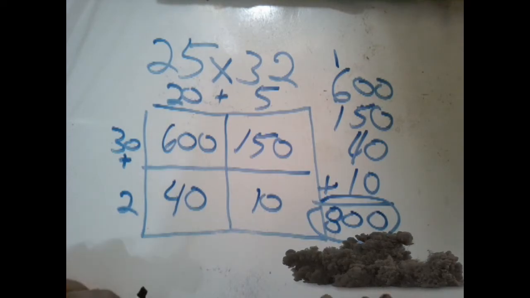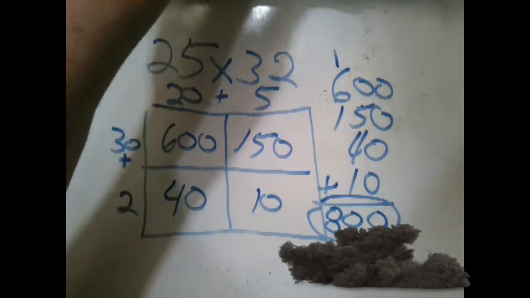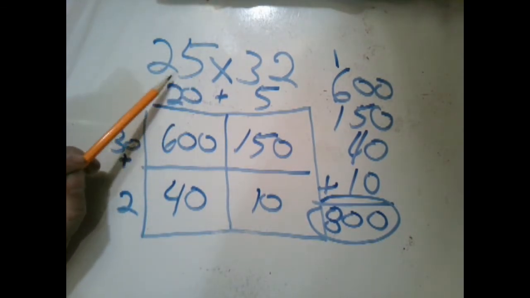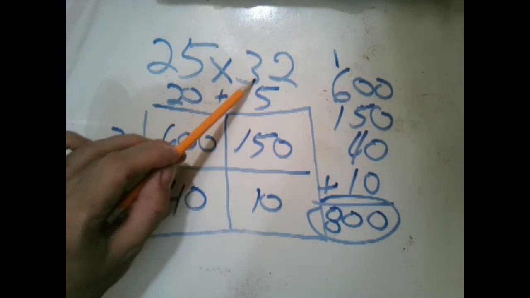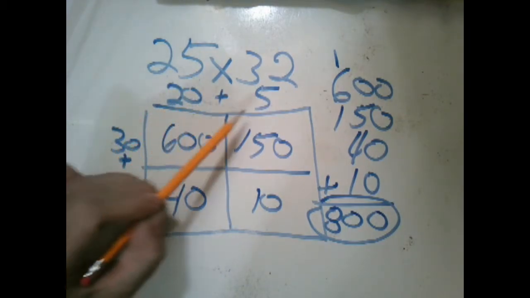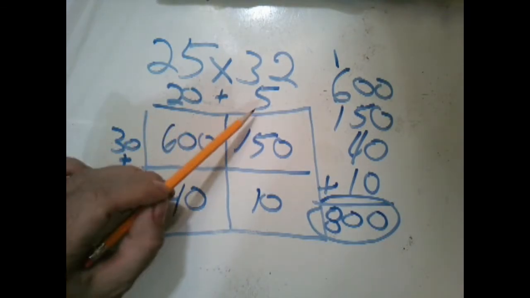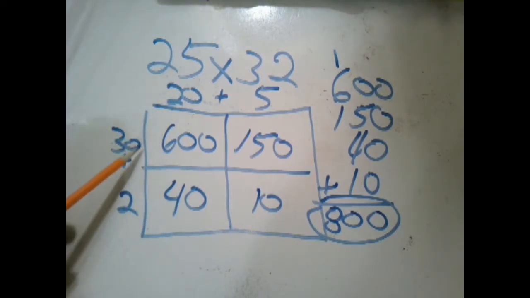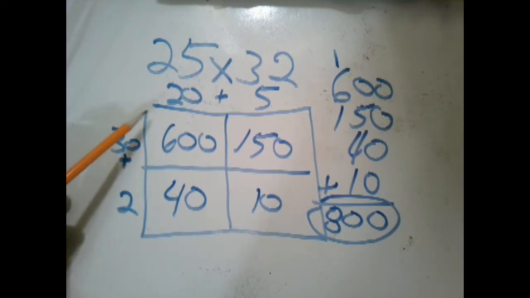Just going to go over those steps real quick again. So we have 25 times 32. I break down each of these numbers: 20 plus 5, 25. On the side here I go 30 plus 2, which is 32. Multiply the tens values: 3 times 2, 6.